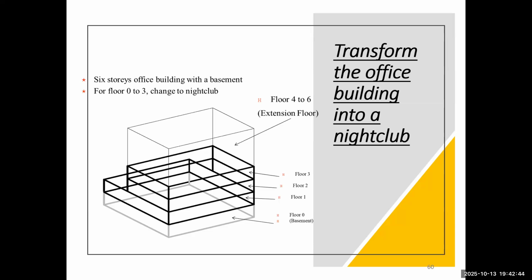And the client wants to change the use of floor 0 to floor 3 into a nightclub, and floors 4 to 6 will remain as office. It is very interesting, right? Transforming an office building into a nightclub. So this change of use triggers what? It triggers a re-evaluation of the entire fire safety design.